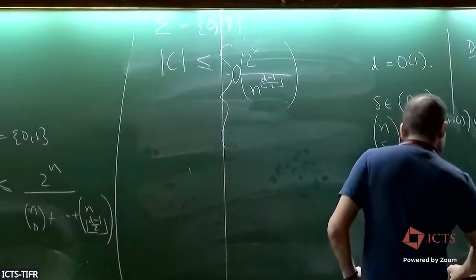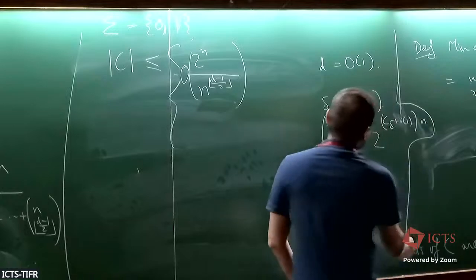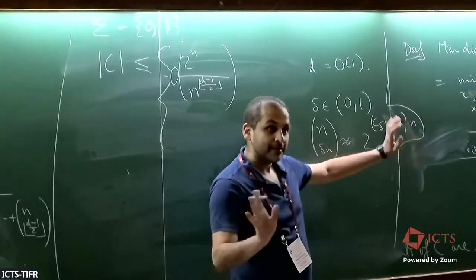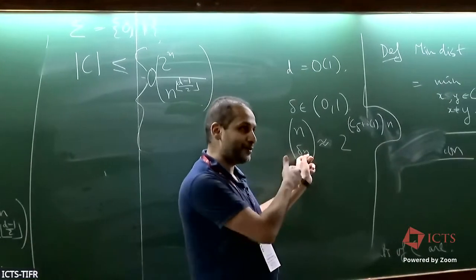Good. So this is what I wanted. n choose delta n is 2 to the something times n. That is the asymptotic of the delta nth binomial coefficient sitting here.